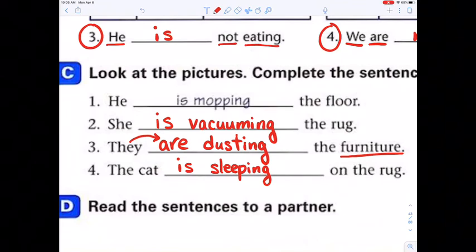They are dusting the furniture. Number 4, the cat is sleeping on the rug.